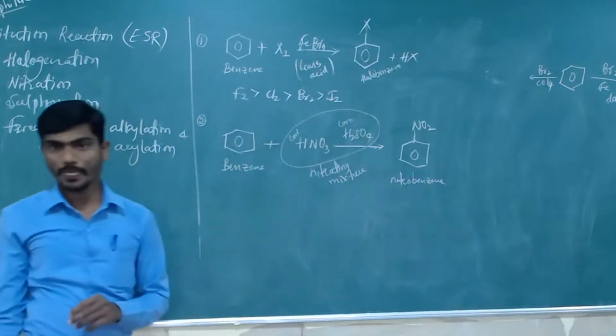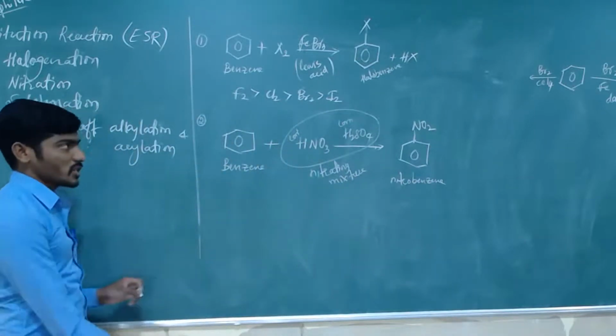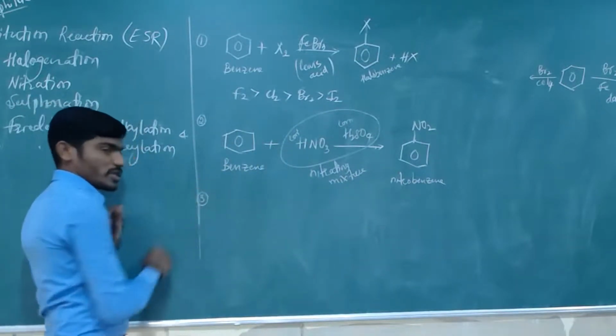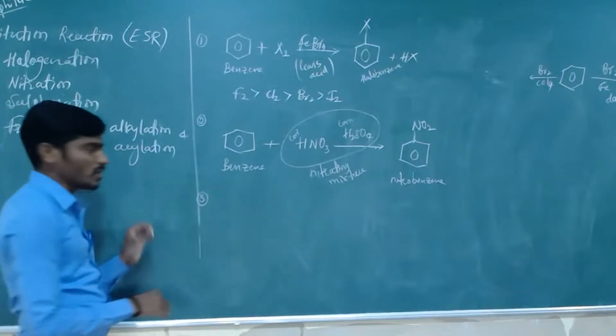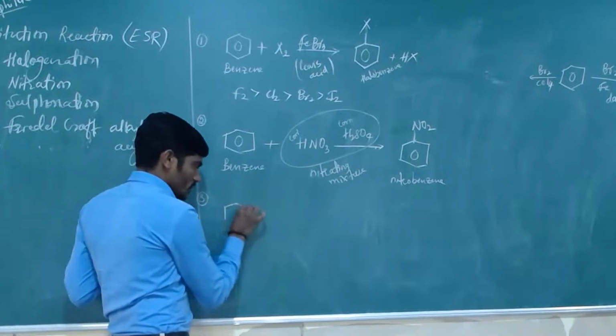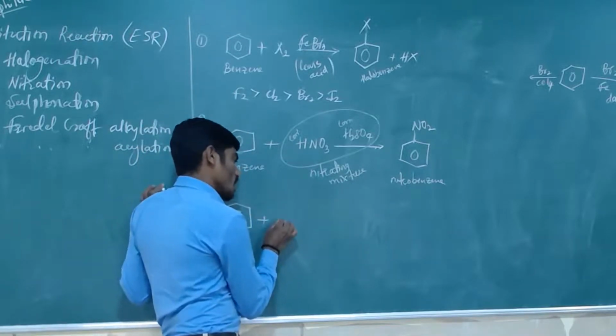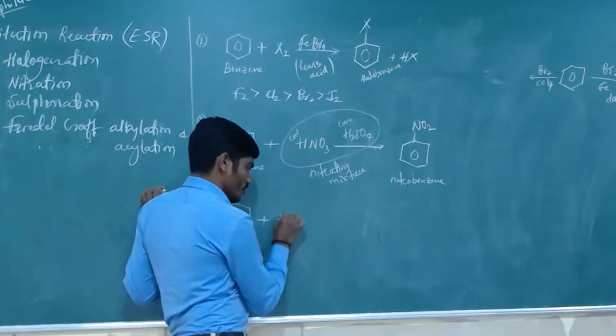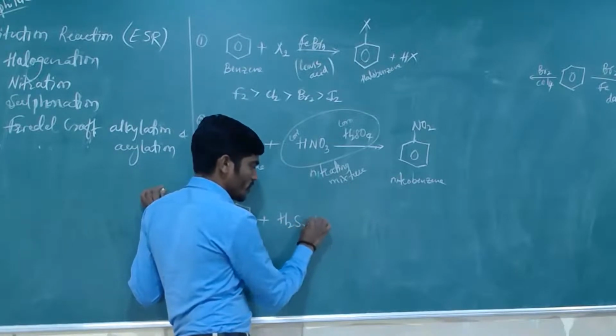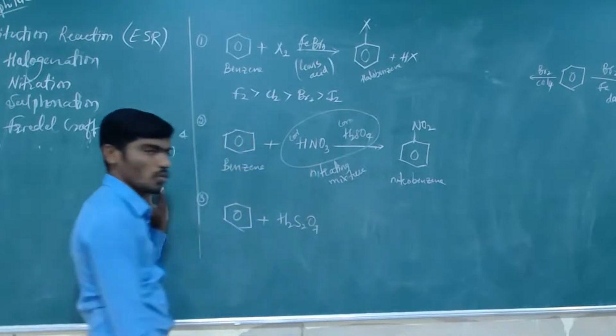Nitrobenzene is produced. The third reaction is the sulfonation reaction, when benzene reacts with concentrated sulfuric acid, fuming sulfuric acid, H2S2O7.